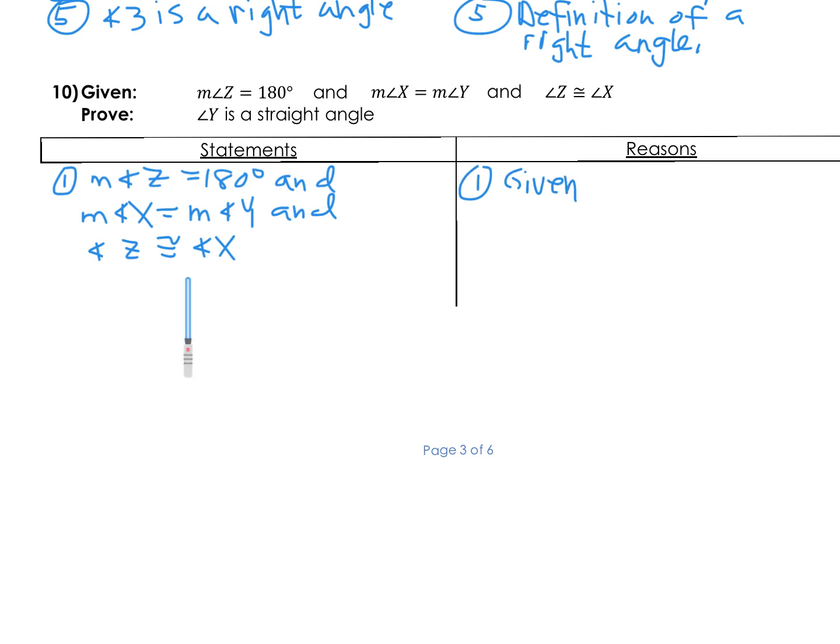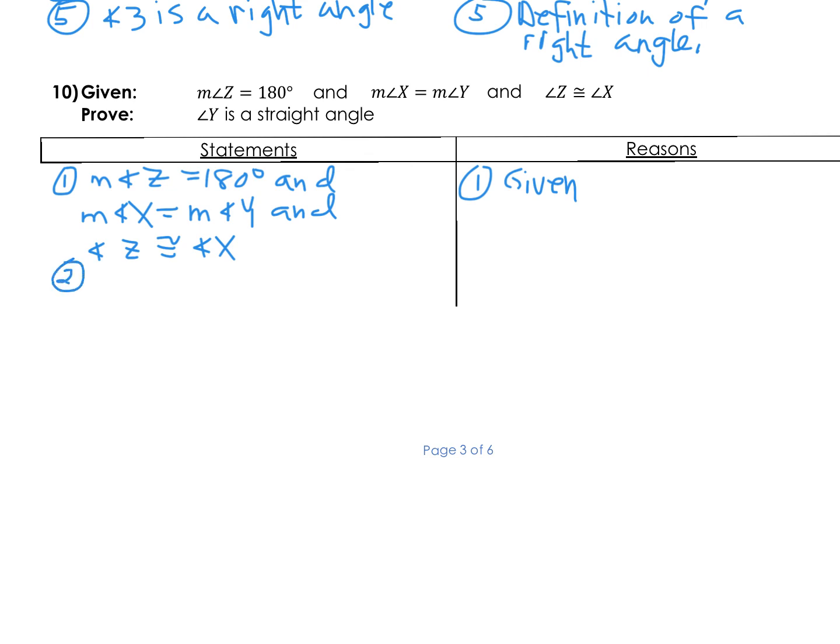So I can't use the law of syllogism here yet because I have measure of X and just X. This is an equality statement. That's a congruency statement. So what I'm going to do is convert this congruency statement to an equality statement first, and then I can use the law of syllogism because I'm trying to get rid of Z and X and get just Y. Okay, so I'm going to do a change in notation.